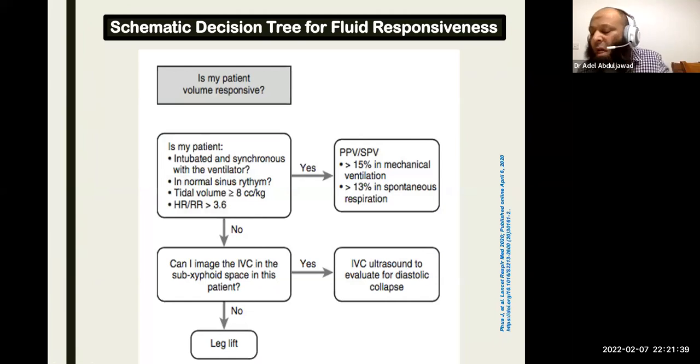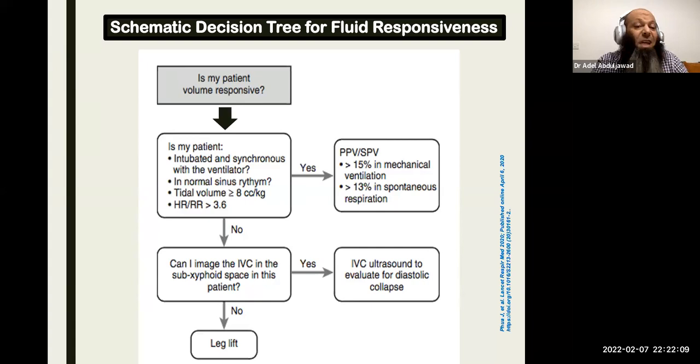This is the schematic decision tool that will help you answer this question. If you want to answer the question, is my patient fluid responsive or not, you have to ask four sub-questions.